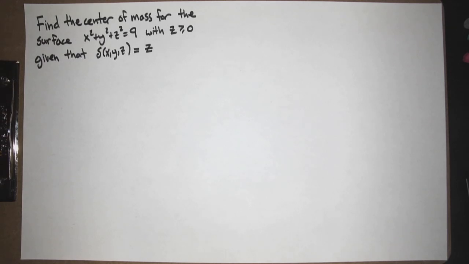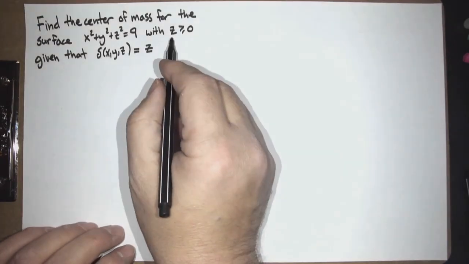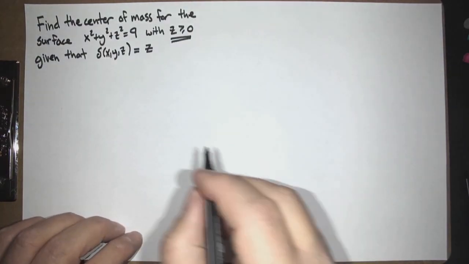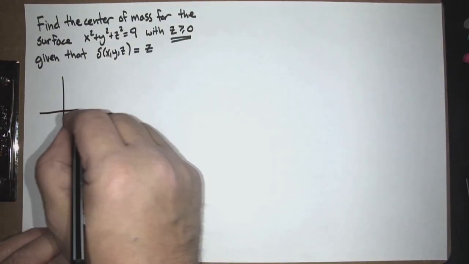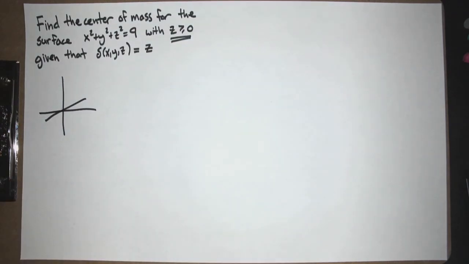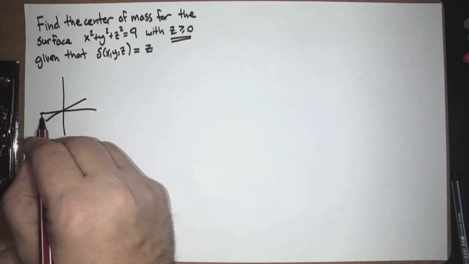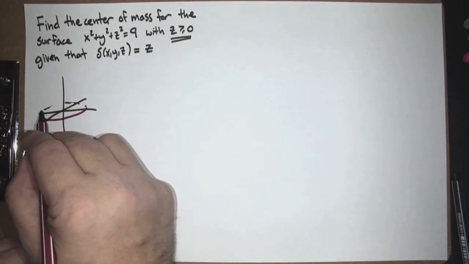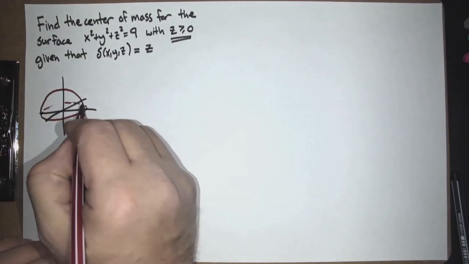Well, it's part of a sphere. Which part? We have z greater than or equal to 0, so it's the top of a sphere of radius 3. When we talk about the sphere, it's not a filled-in sphere, it's the shell. It's that candy coating, if you will.